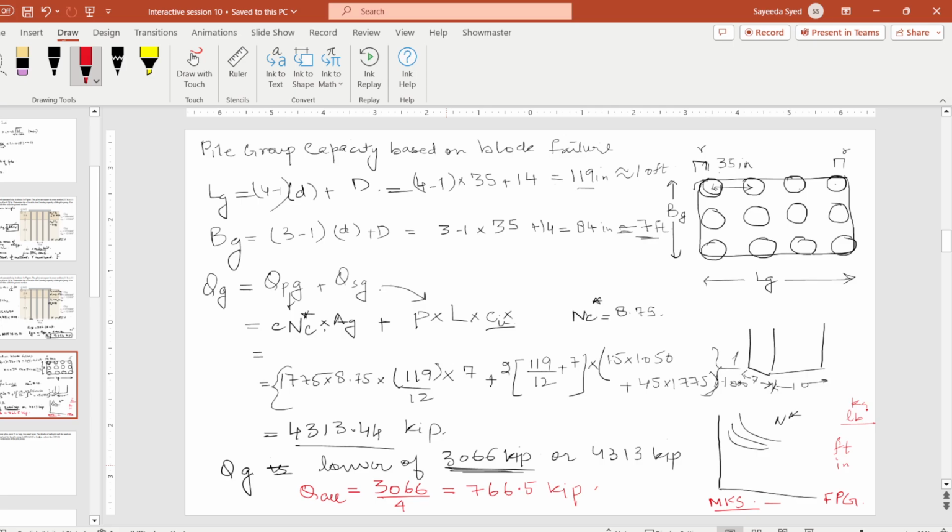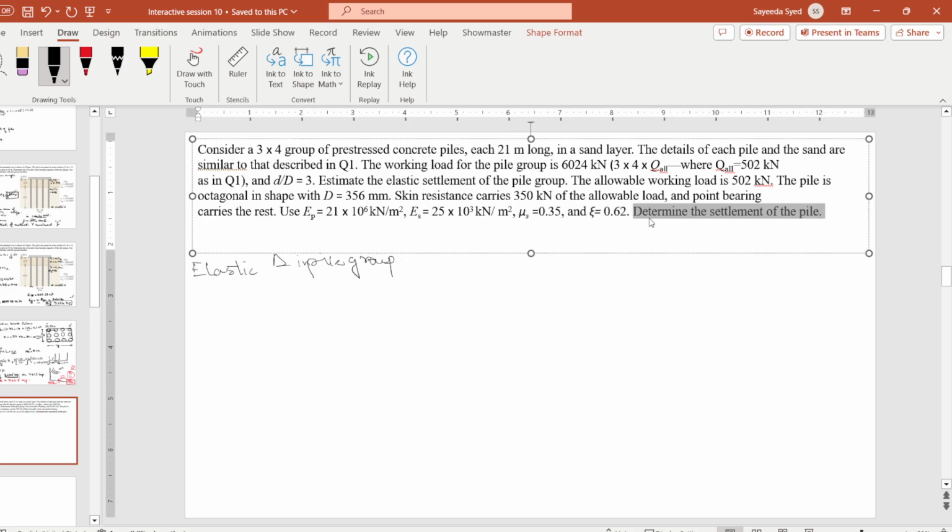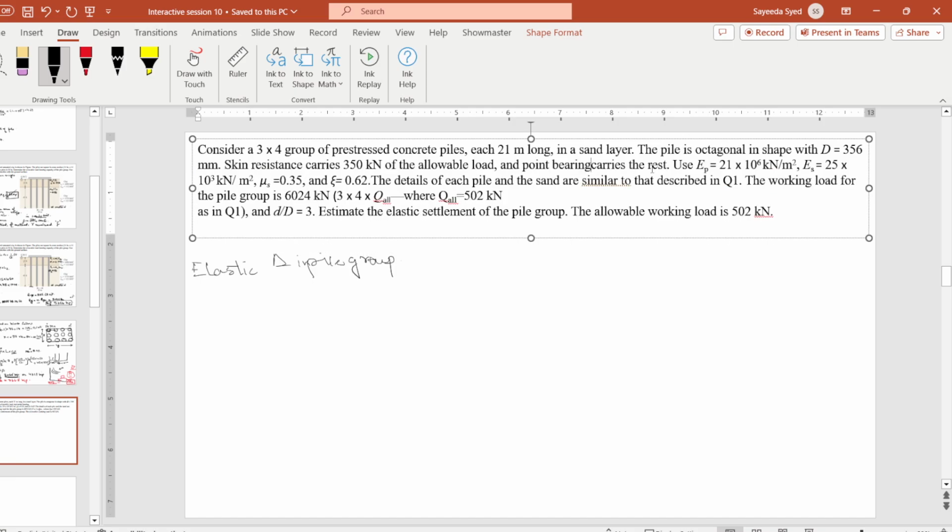So we need to determine the elastic settlement of the pile group. So let us do that now.